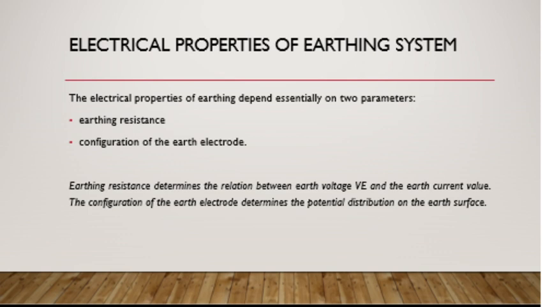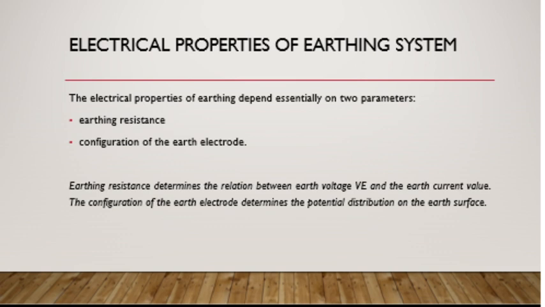The earth voltage that we have already discussed is nothing but the earthing potential, and depending upon that potential, the amount of current flowing through the earthing rod is known as the earth current value. The ratio of earthing voltage to earth current value gives you the earthing resistance.